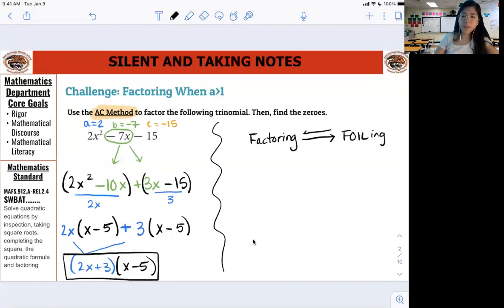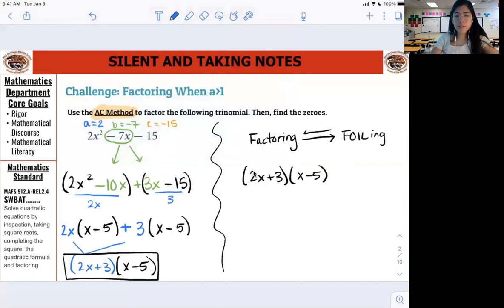So that means it should have been x squared and not negative 5x. So what I was going to do is take this binomial, which we ended up with, and let's foil this, but let's foil this a slightly different way. I'm just going to show you what I mean.